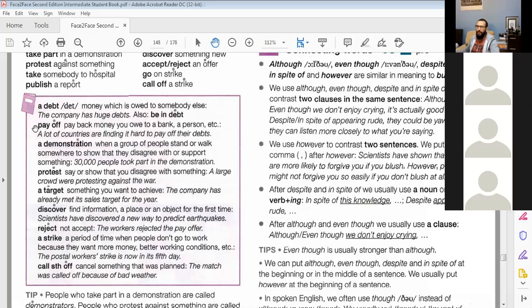When we pay off, like here, pay off your debt, what does it mean in Arabic?